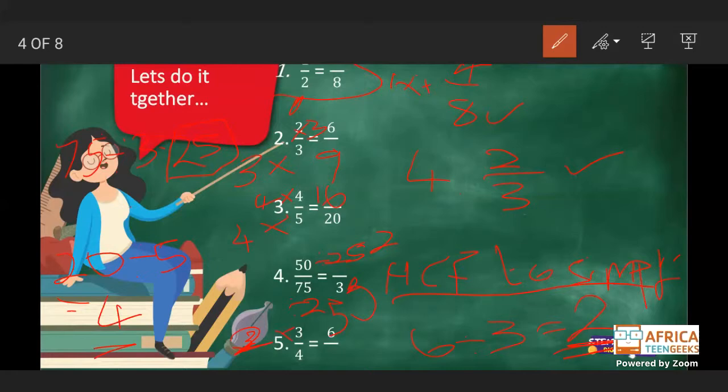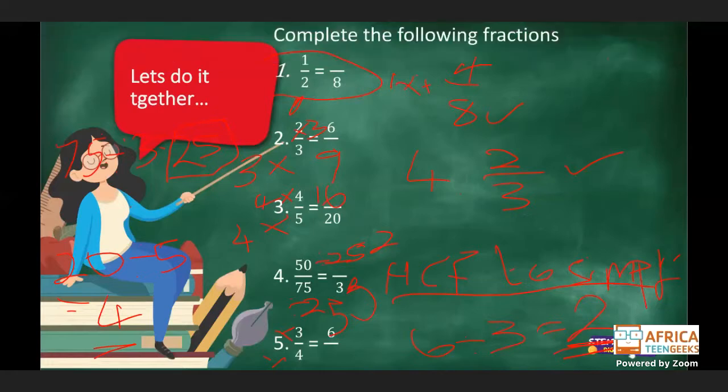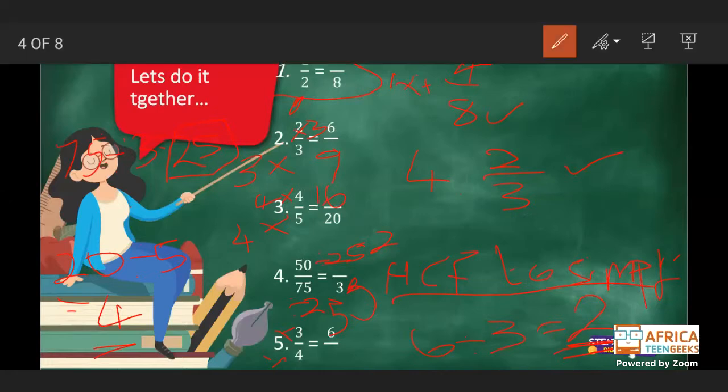So we must use the very same number for our numerator. Okay, let's erase this right here. So it means they use the very same number to multiply the numerator and denominator. So most definitely we have 2 here, and down here we have 2. So 2 multiplied by 4 gives us 8. So our new fraction will be 6 over 8.